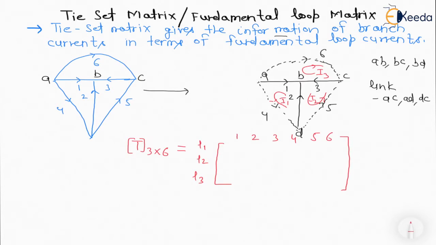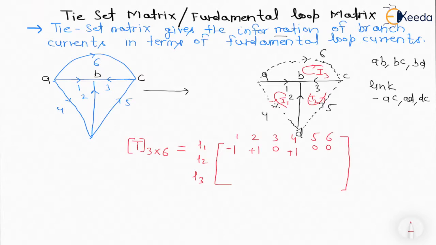If we see 4, it is in direction with I1, so here I will write plus 1. We compare each branch current in the first loop with I1. If branch 2 is in direction with I1, then that will be plus. So for 2 it will be plus, but for the first branch we can see that I1 is not in direction with 1, so here we write minus 1, and the rest of them will be 0, 0 and 0.